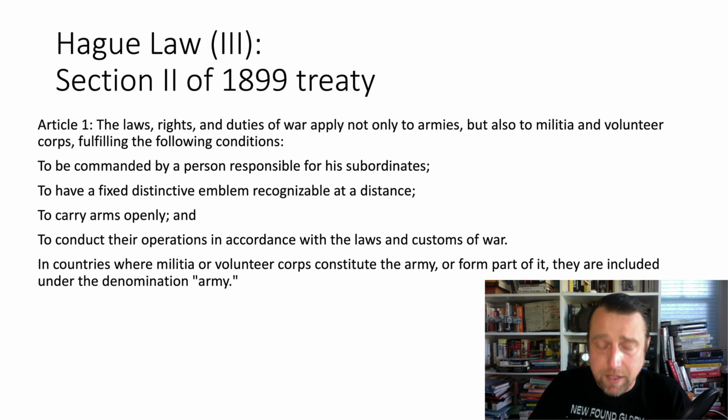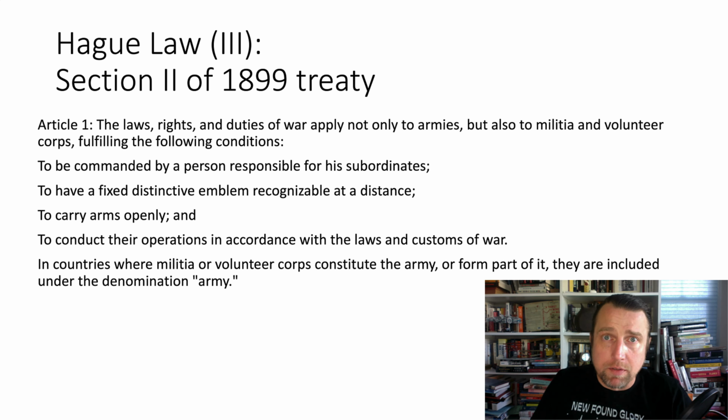So Article 1 of Section 2 reads, "The laws, rights, and duties of war apply not only to armies, but also to militia and volunteer corps, fulfilling the following conditions. To be commanded by a person responsible for his subordinates," which is to say to have a clear chain of command. "To have fixed distinctive emblems, recognizable at a distance," which is to say, to have a uniform that identifies you as a soldier.